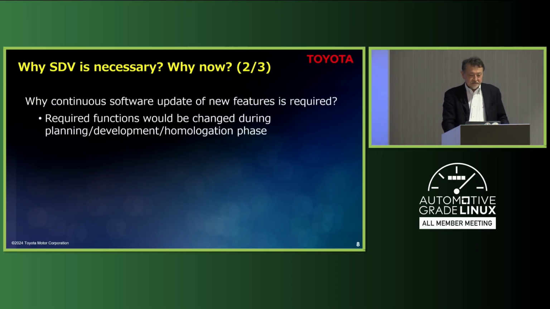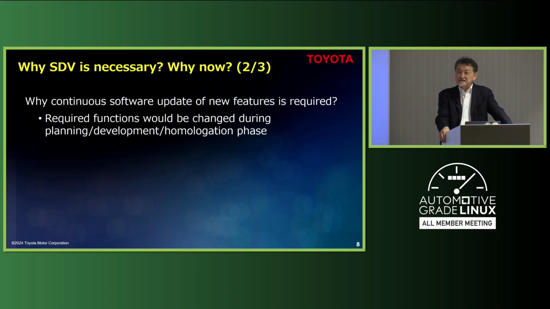And also, there is a reason why we need to employ the software update capability for vehicles. One is that we are required to catch up with the latest technology and functionalities in the market during the period of designing the vehicle.